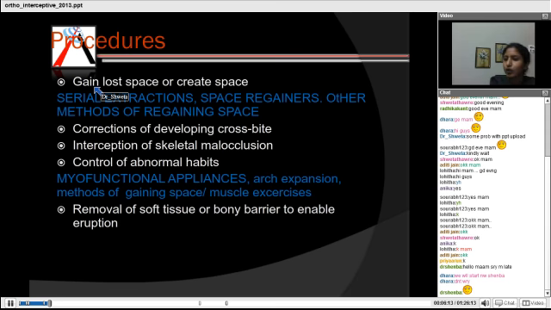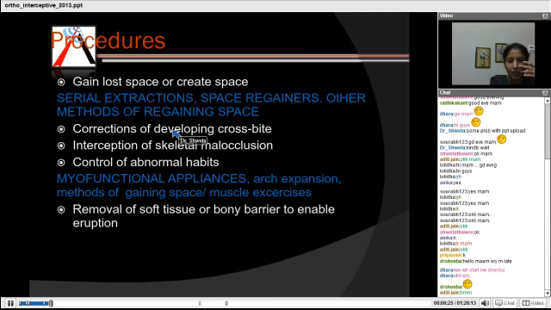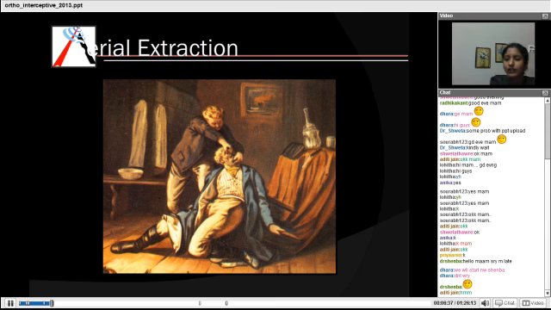Okay, so you can gain lost space or create space with serial extractions, space regainers, and there are some other methods also of regaining space like proximal stripping, disking, distalization of molars, etc. Okay, and how do you correct crossbites and habits? You do it with the help of myofunctional appliances, arch expansion methods, muscle exercises, etc. Okay, so we'll talk one by one.